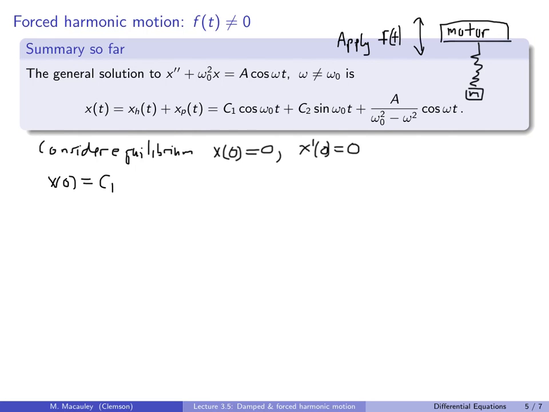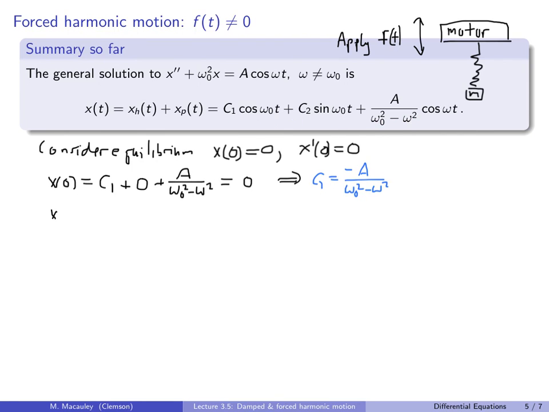So x of 0 is c1 plus 0, because if I plug 0 into here, I get that, and then plus a over omega naught squared minus omega squared, and that's equal to 0. So we get that c1 is negative a over omega naught squared minus omega squared. And next, let's take the derivative of this thing, and let's plug in 0.